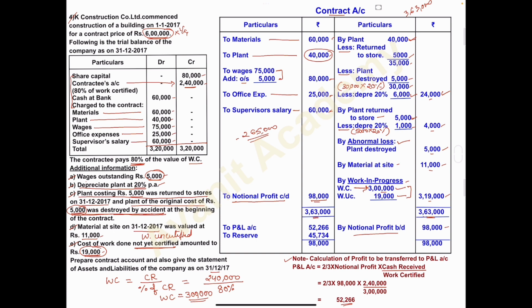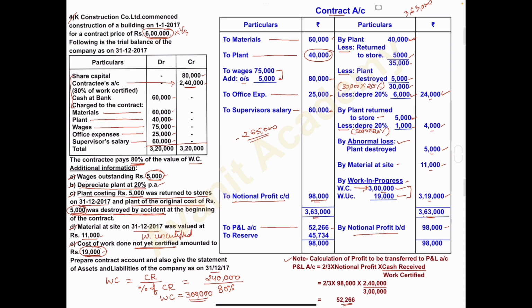Come to contract account. To profit and loss account, the amount is 52,266, and the remaining amount is transferred to reserve. Notional profit is how much? 98,000.